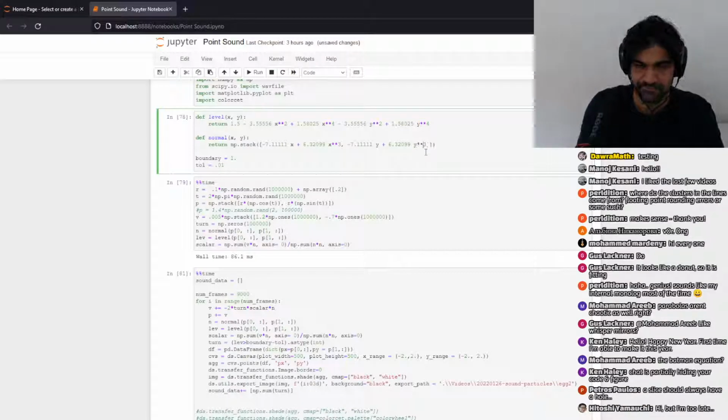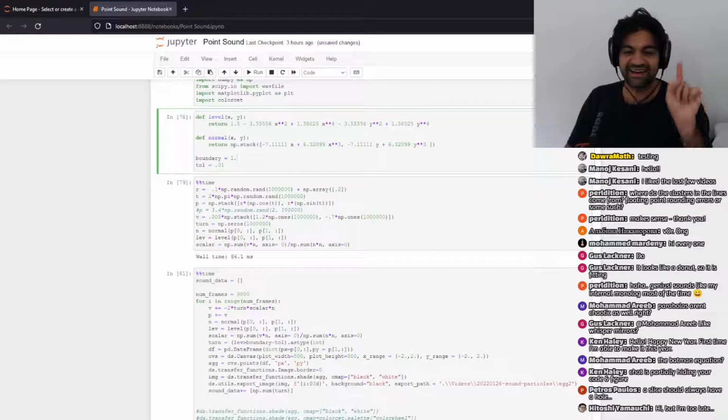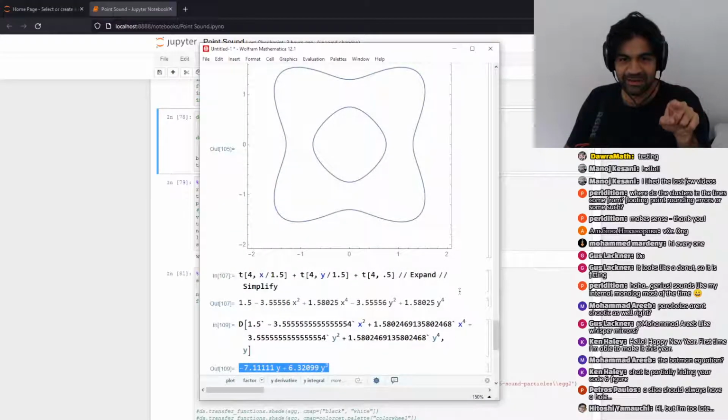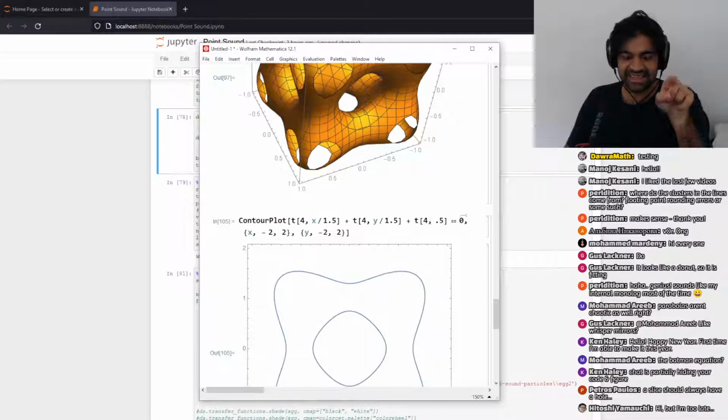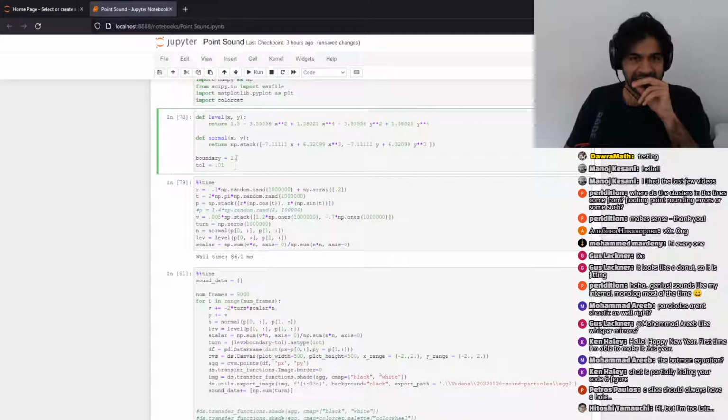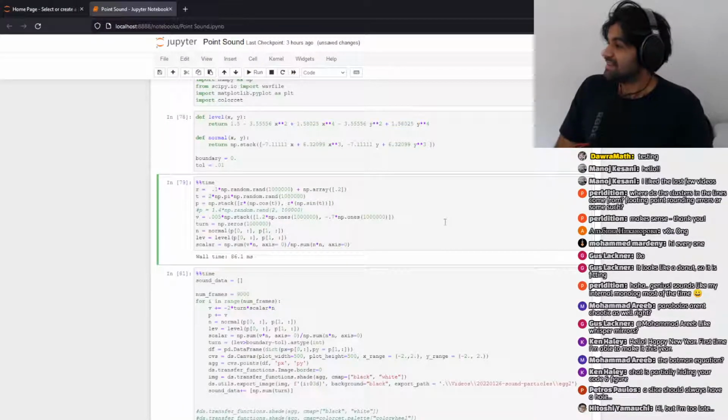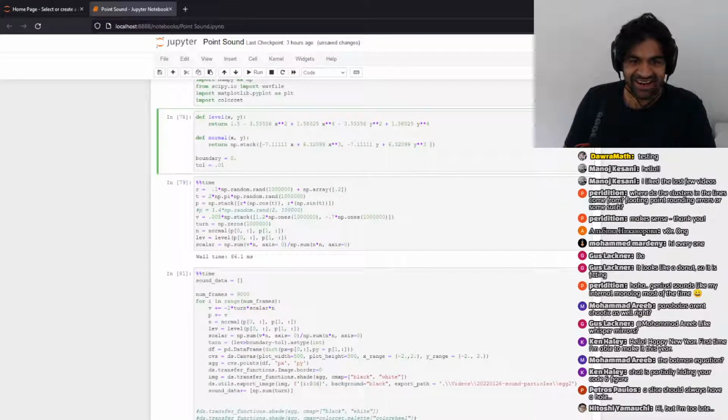What was the boundary value for this one? It's equal to 0. So boundary value is 0.